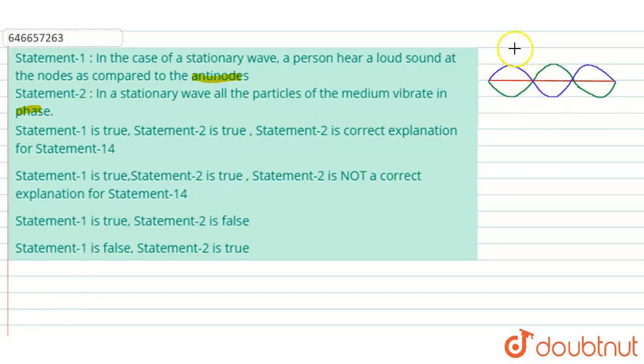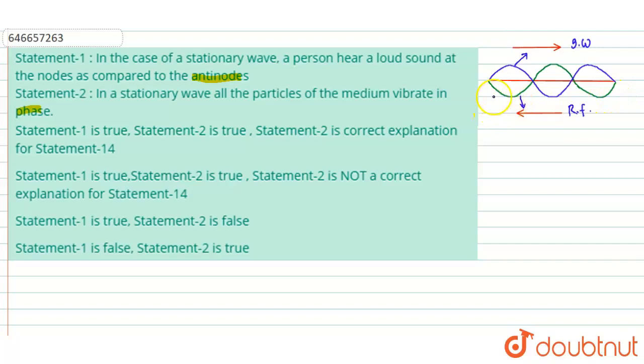Let us suppose that this is the incident wave, and when this incident wave is reflected from a boundary, the boundary could be of any type, then this is the reflected wave. This is your incident wave, and this is your reflected wave. Due to their superposition, a stationary wave results in the medium.